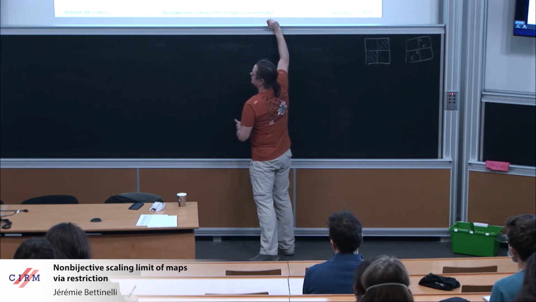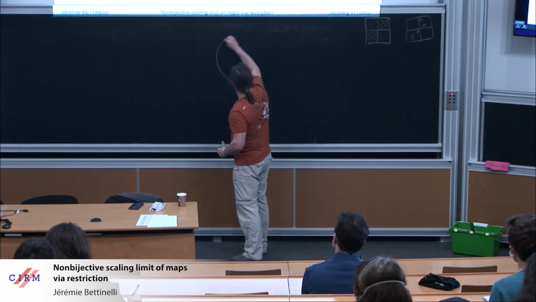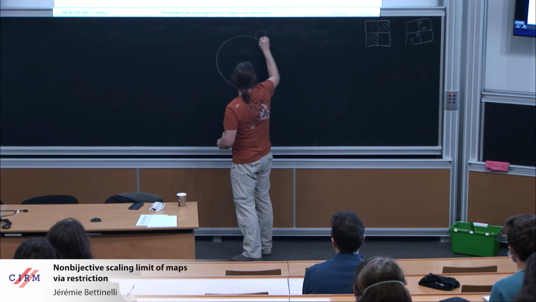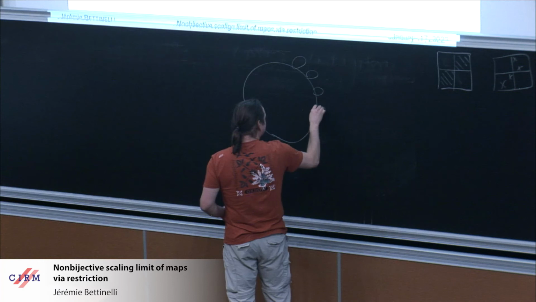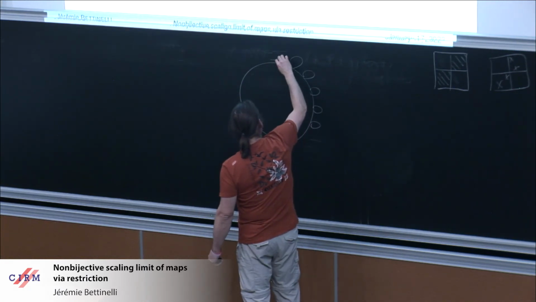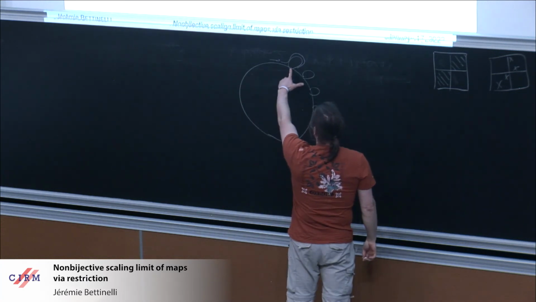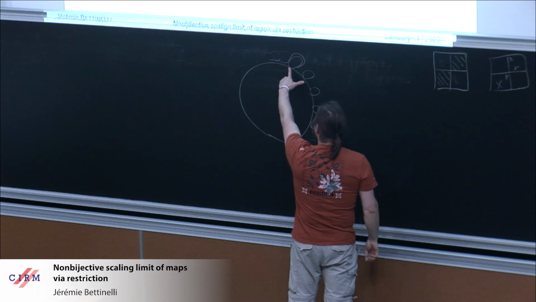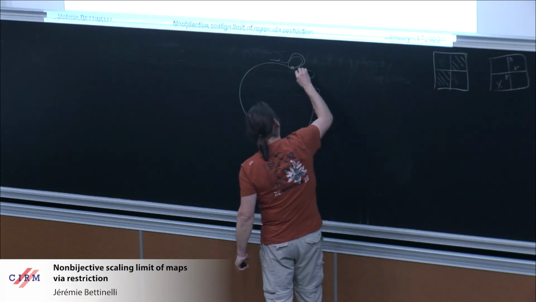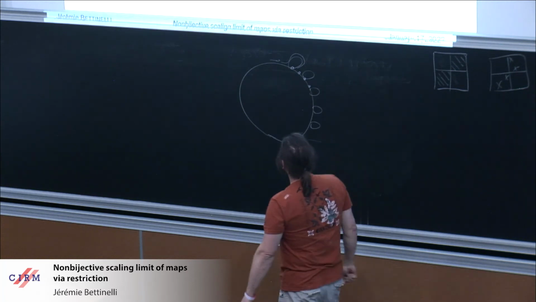Okay, so you have the core and small components. And if you go around the boundary like this, and you look at the times at which you are on the boundary of the core, they are roughly well spread.